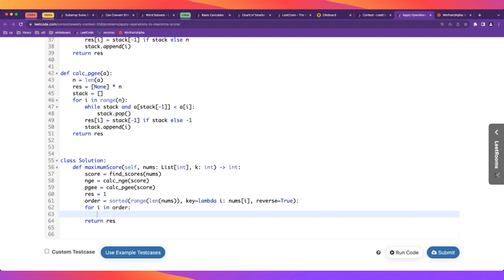So now we want to find the NGE of I and the PGE of I, and maybe for this I can draw something.